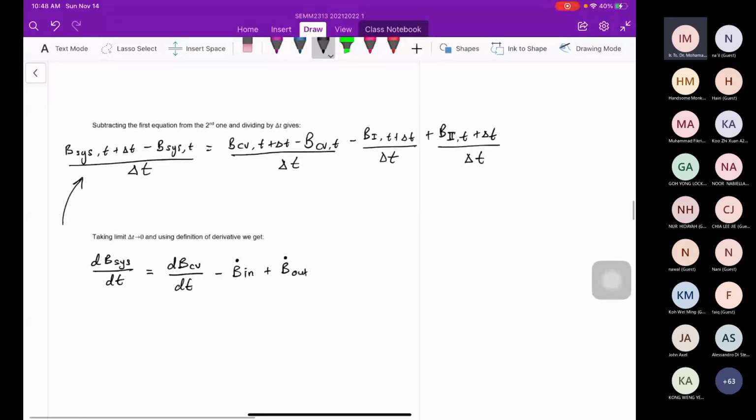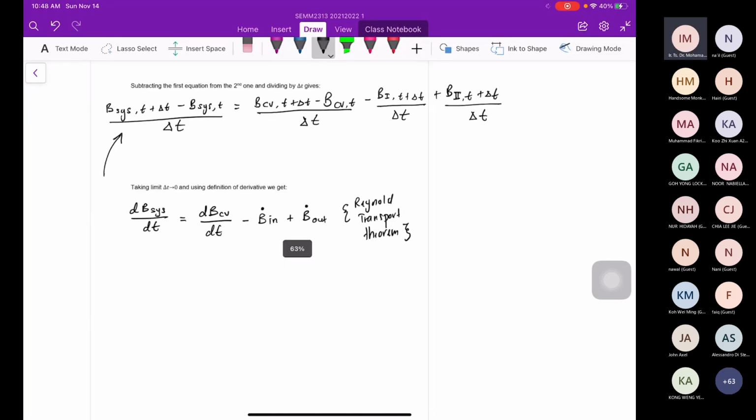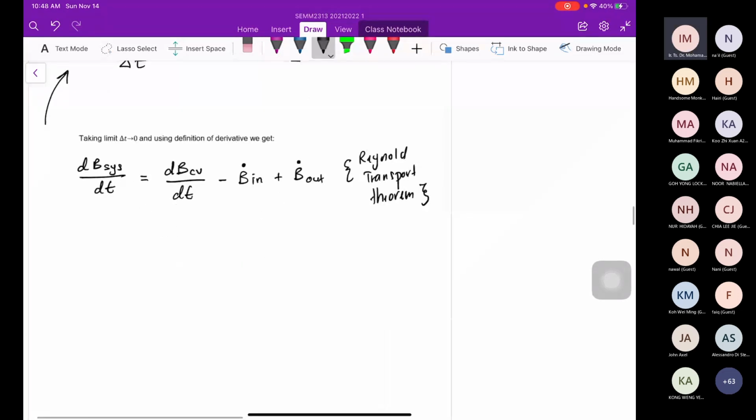So this is the Reynolds transport theorem.